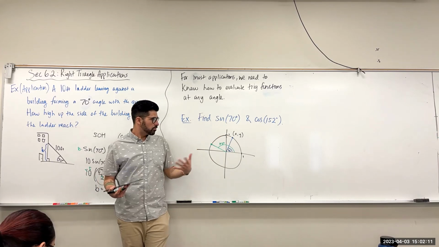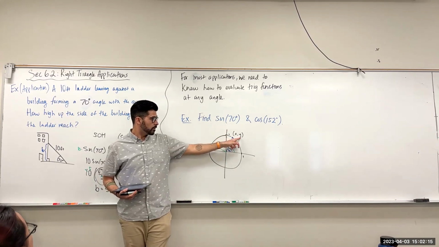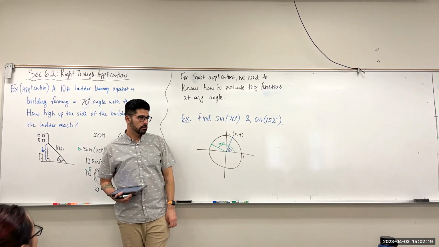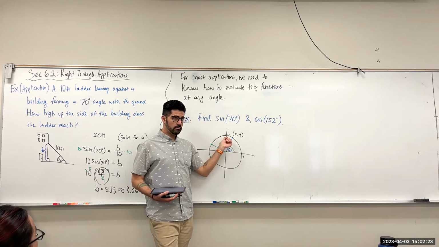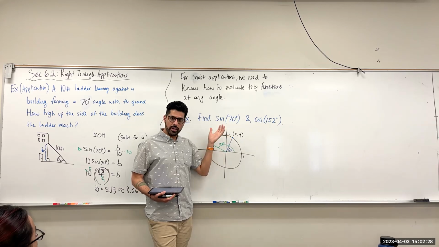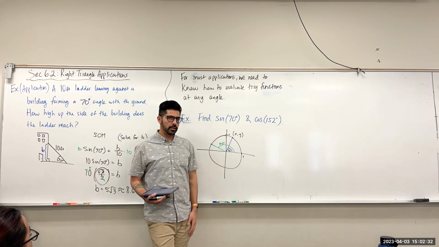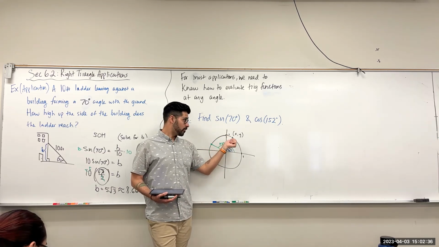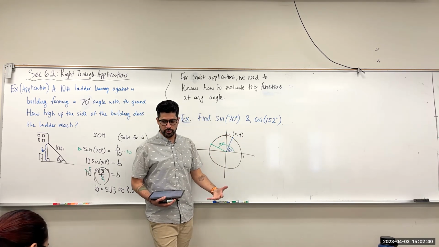If I asked you to guess sine of 70 degrees, what do you think the value of this y coordinate would be? Bigger than a half? Like 0.8-ish, 0.9-ish, right? Back then, you would have to get the unit circle and use it to help you approximate. Now we have calculators that help us do that.